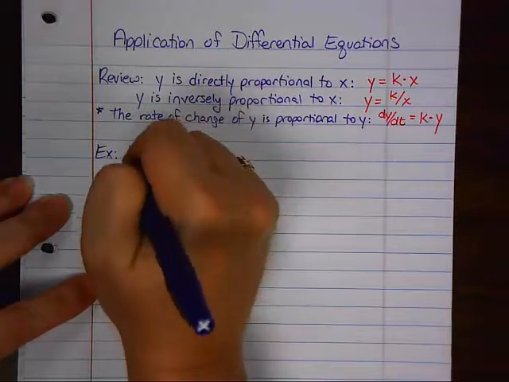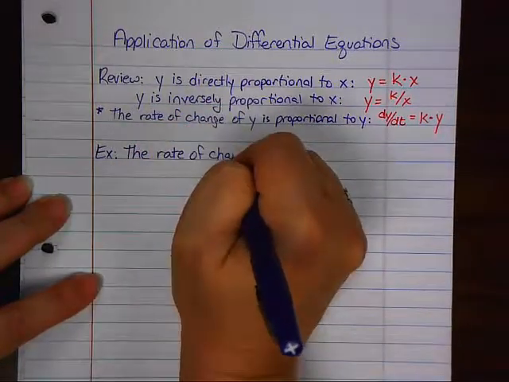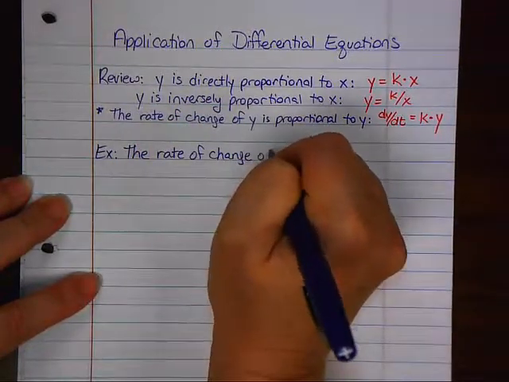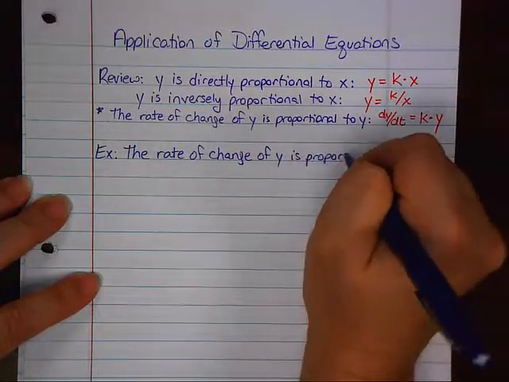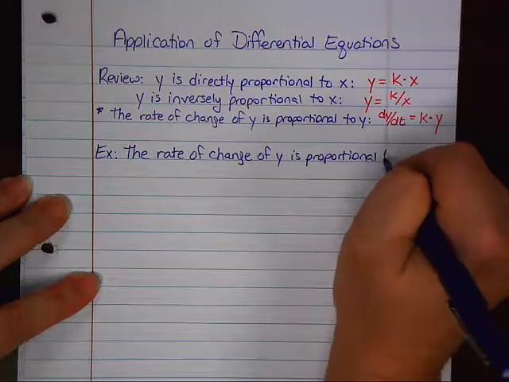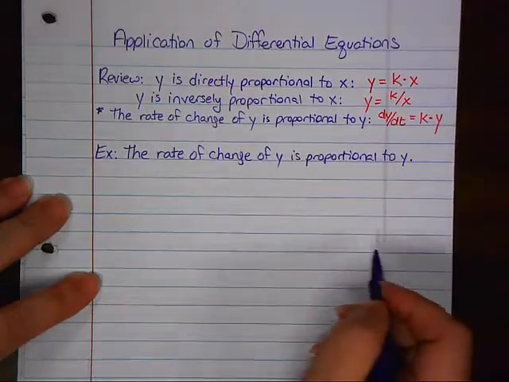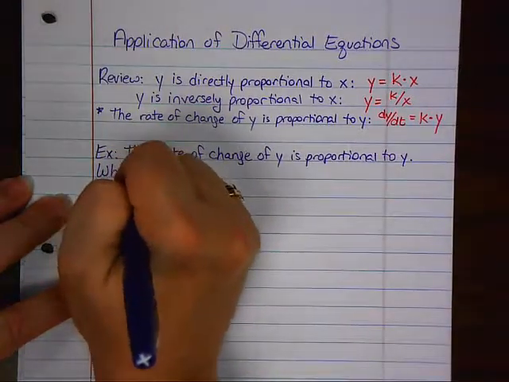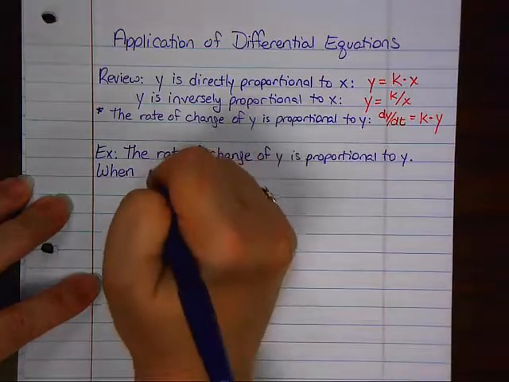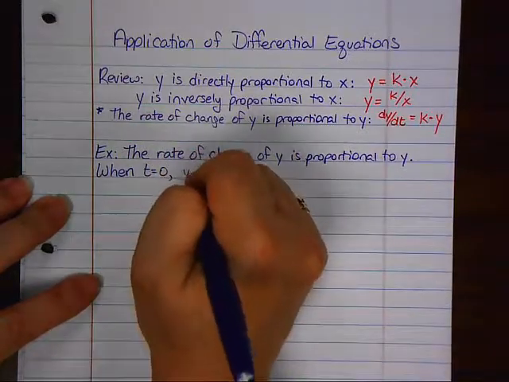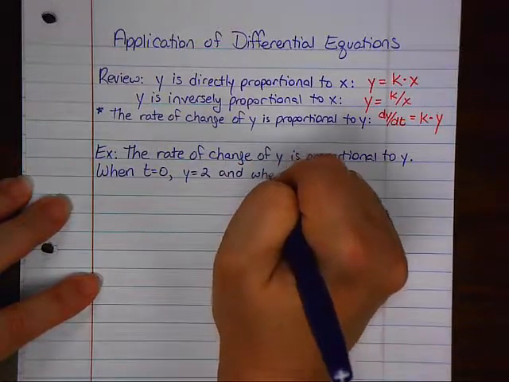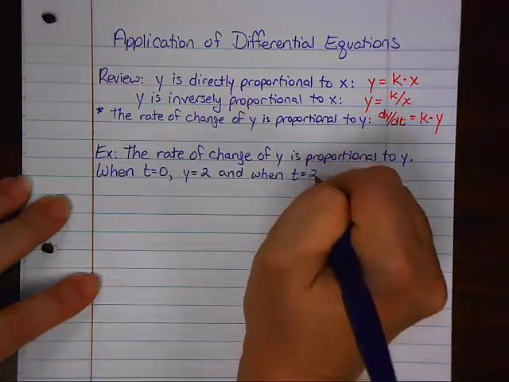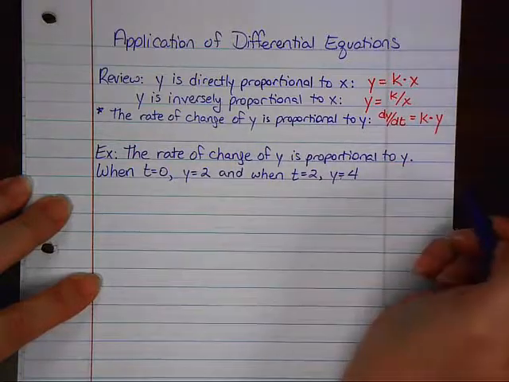Please write this down. The rate of change of y is proportional to y. I know I'm being redundant, but bear with me. When t equals 0, y equals 2, and when t equals 2, y equals 4.